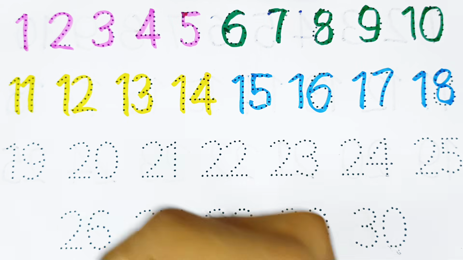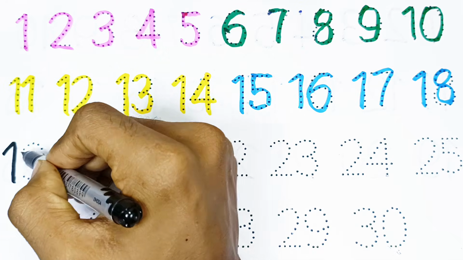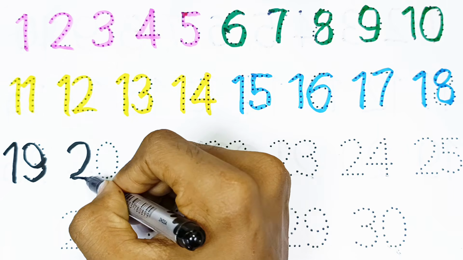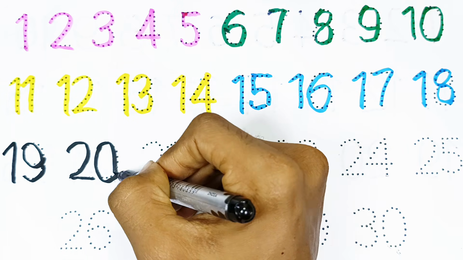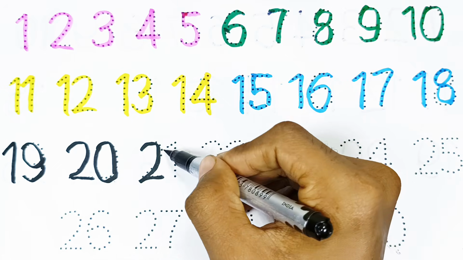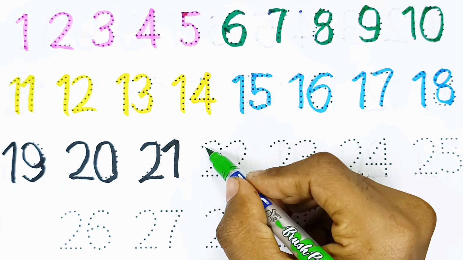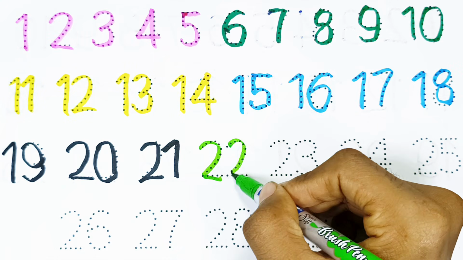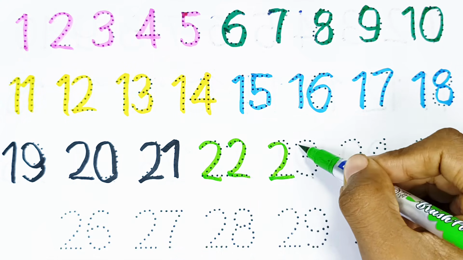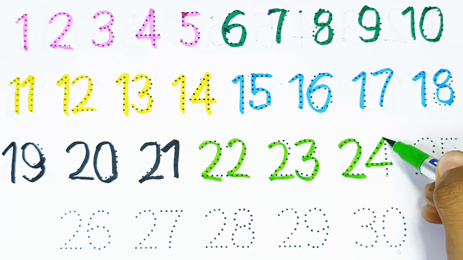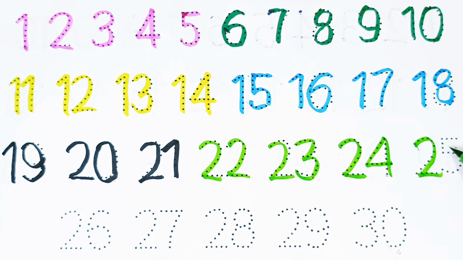The numbers of 19, 20, 21. Kids, now you draw 22. The numbers of 22, 23, 24, 25.